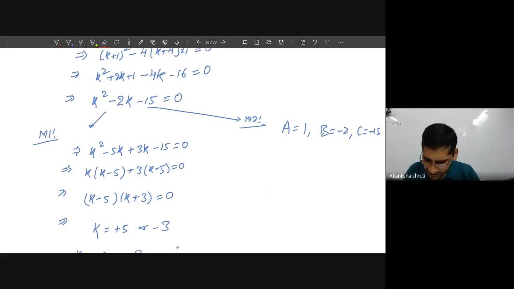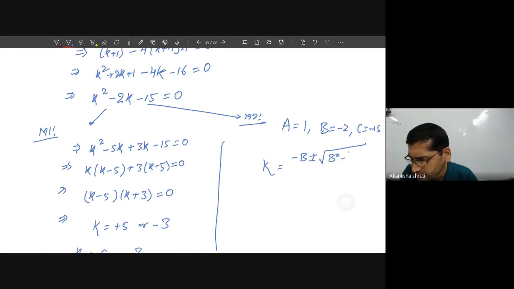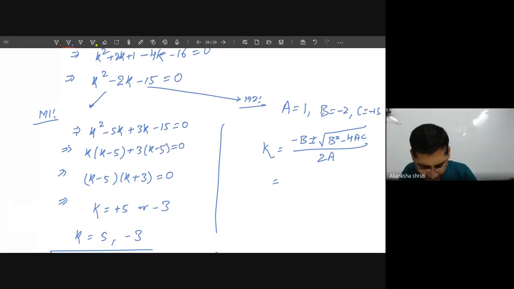So students, this k can be calculated by k = (−b ± √(b² − 4ac)) / 2a. Substituting, we get −(−2) as +2 ± under root.